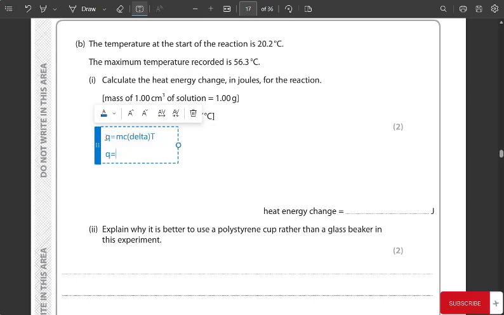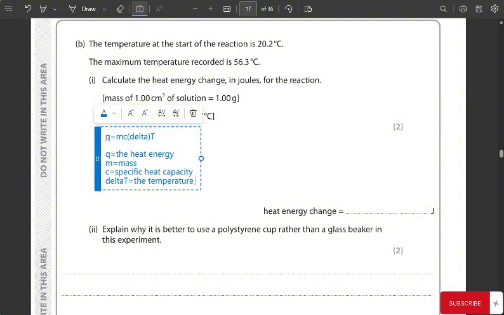Q is equal to the heat energy, and m is equal to the mass, c is equal to specific heat capacity, and the ΔT means the temperature change.